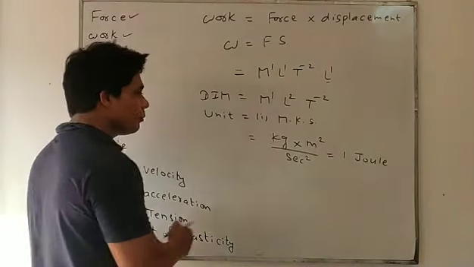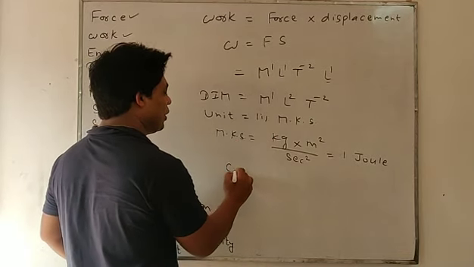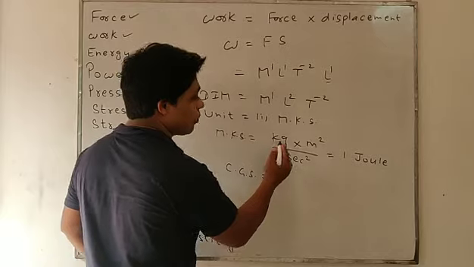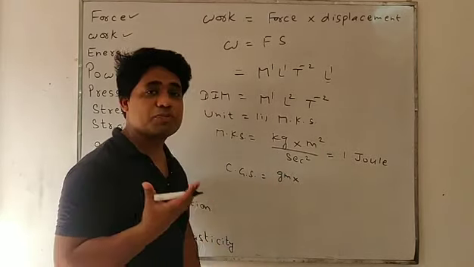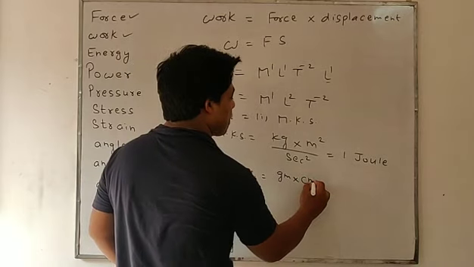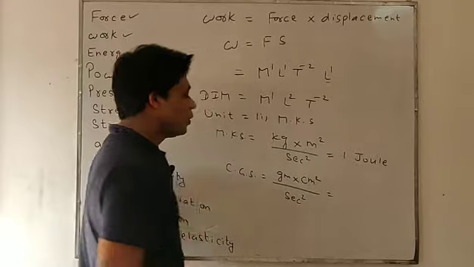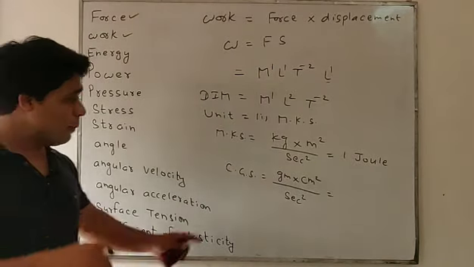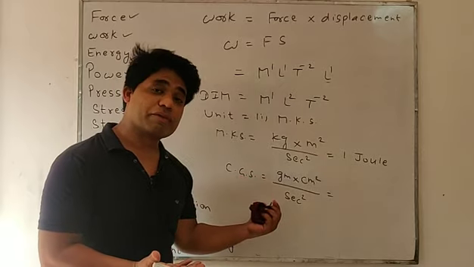Now, students, that was in MKS. Now I'm going to find it in the CGS system. Kilogram is replaced by gram, meter is replaced by centimeter square, and second remains the same in all systems. So gram into centimeter square by second square, that is the unit of work done in which system?